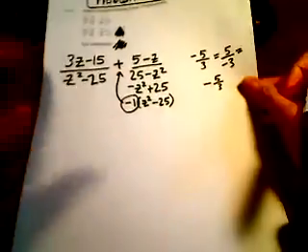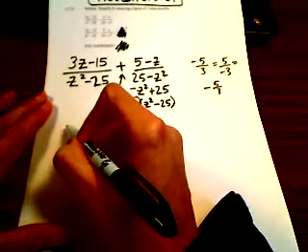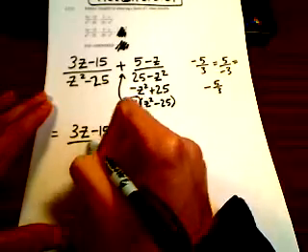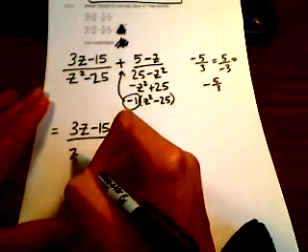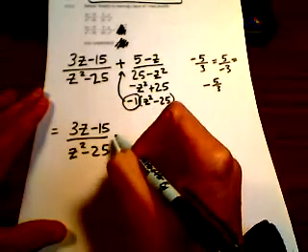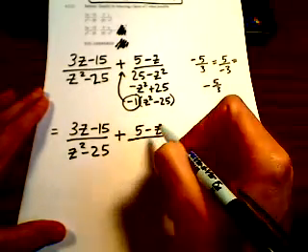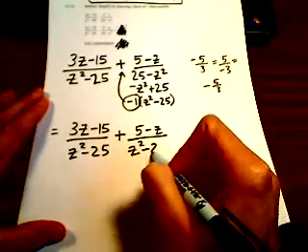Okay. So what I actually have now, let me rewrite it so we can see what we have. We have 3z minus 15 over z squared minus 25, and then we have plus 5 minus z over z squared minus 25.